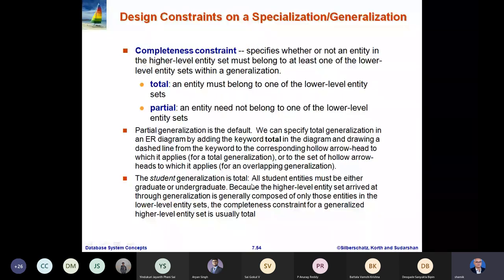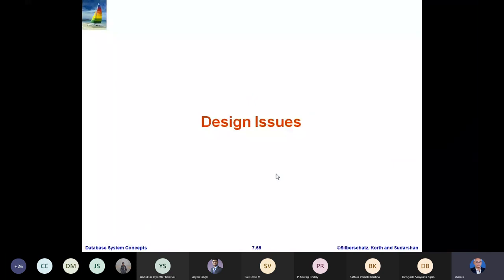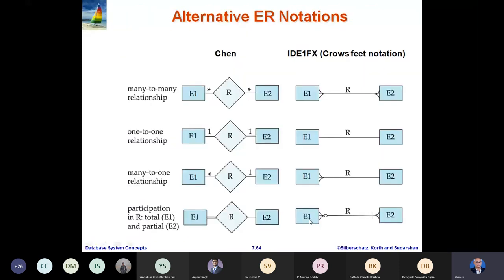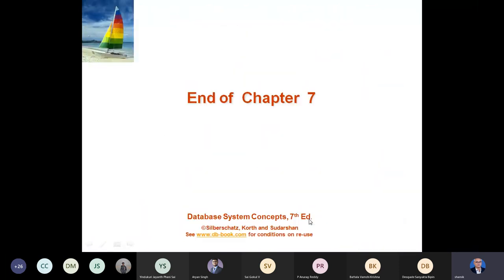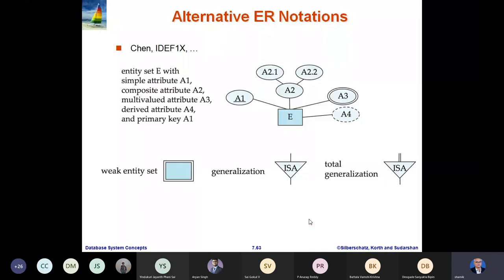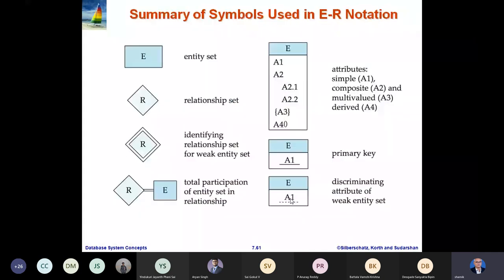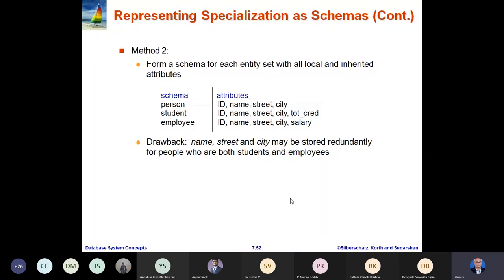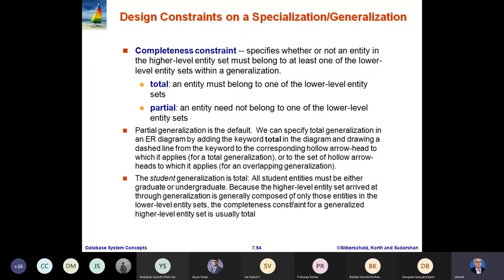Now, just before I take up this one, just remember that here we had shown total and partial participation, but what we are talking about now is generalization. For generalization, as mentioned here, partial is the default, and total is shown by writing the keyword total in the diagram and drawing a dashed line from the keyword to the corresponding arrowhead.